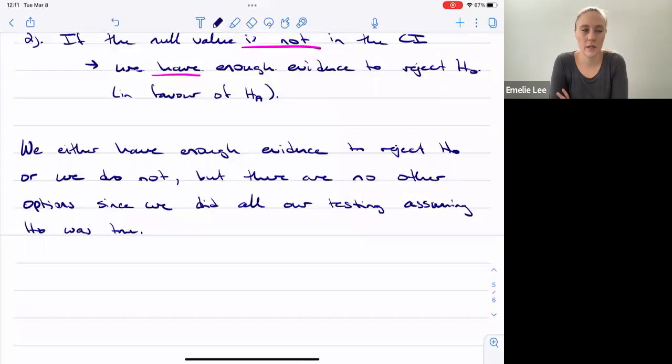Okay, so that's how you're going to solve these hypothesis testing problems using a confidence interval.